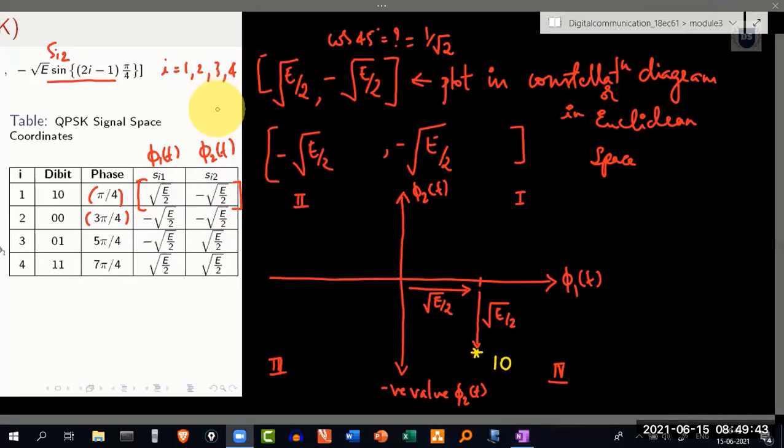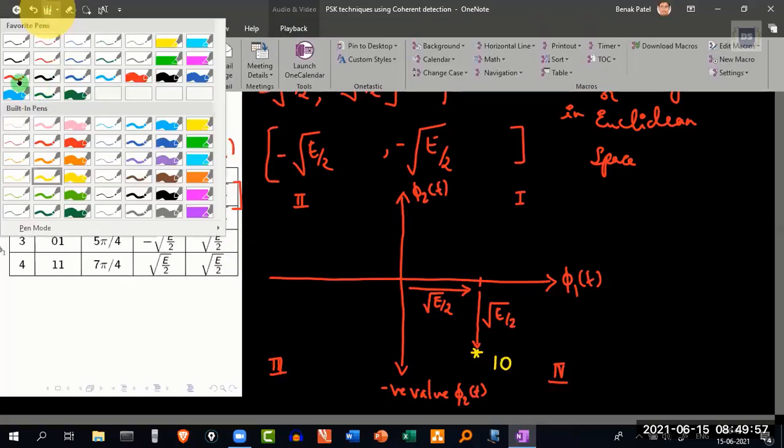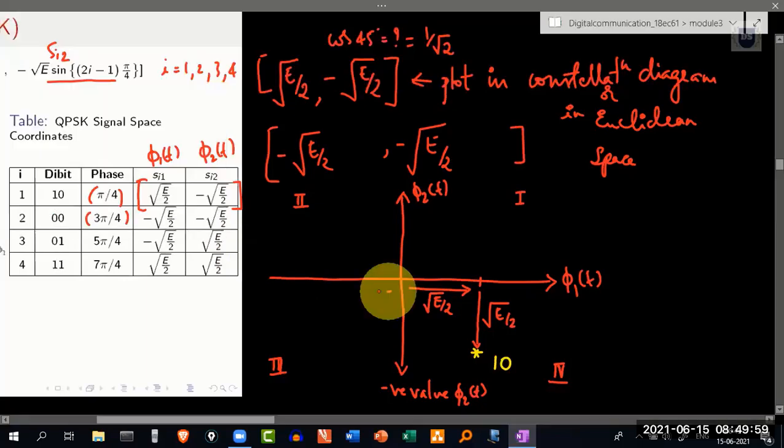Because both of these values are negative in nature, I got to move square root of E by 2 length, but because it's associated with a negative sign, I'll be moving in the negative direction.